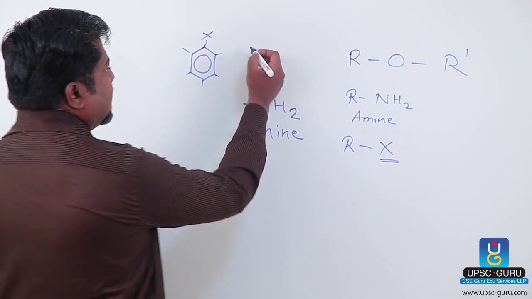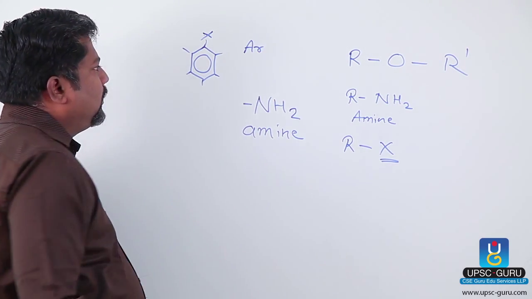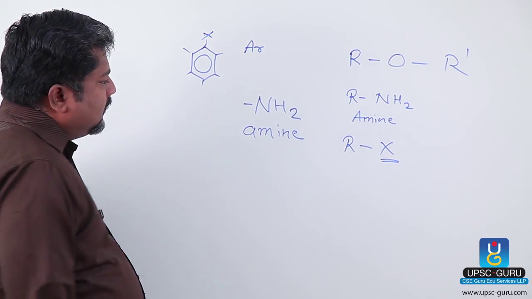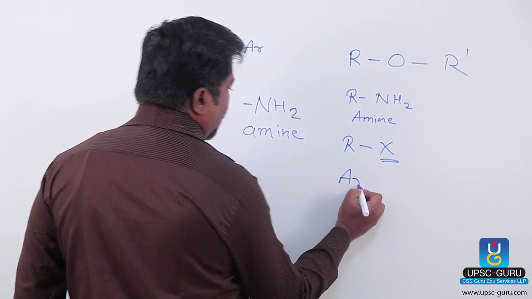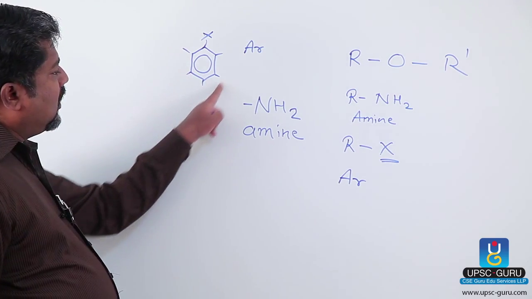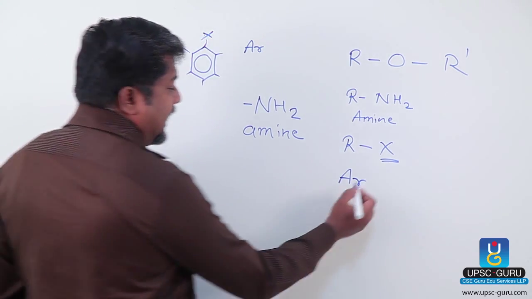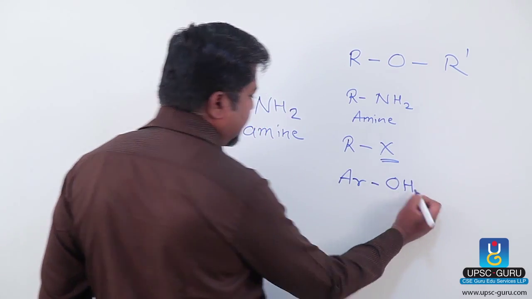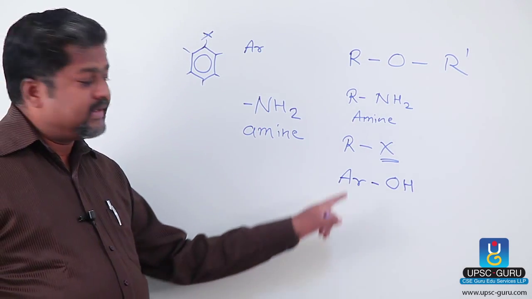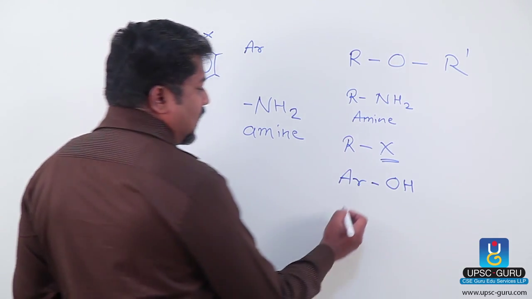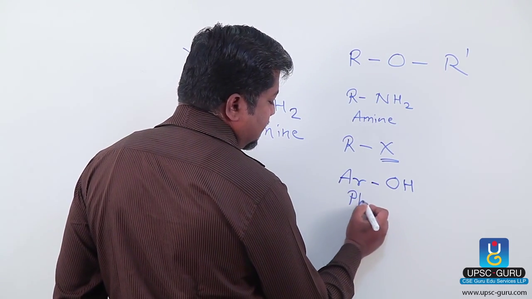We represent this as the aryl group or aromatic group by the letters AR. Now suppose this aryl group has all 5 hydrogens present, the 6th hydrogen is absent, and it is attached to OH. This is represented as AR-OH, and this is called phenol.